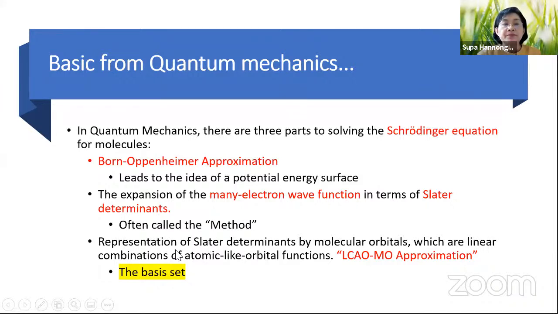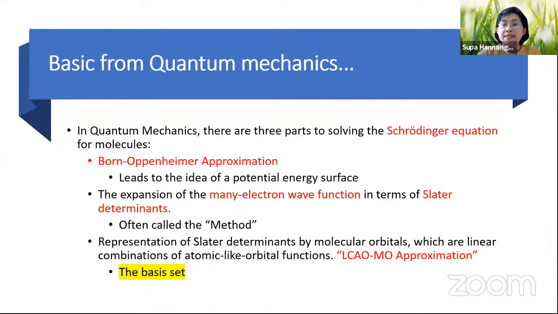And finally, the third approximation, which is very important, is that in order to represent the Slater determinant by molecular orbital, we need the linear combination of atomic like orbital functions, or we call it the linear combination of atomic orbital to molecular orbital approximation, or in short, LCAO-MO approximation.